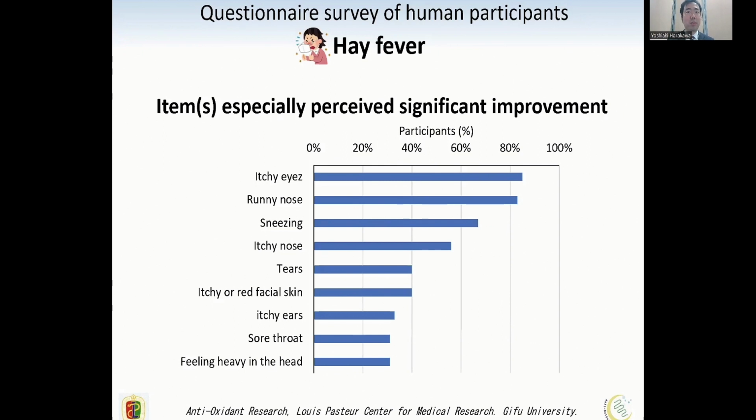More than 80% of participants reported significant improvement in the symptoms of itchy eyes and runny nose, and more than 50% reported improvement in sneezing and itchy nose, and a certain number of participants reported improvement in other symptoms as well. The study shows that 20X improved a wide range of hay fever symptoms.